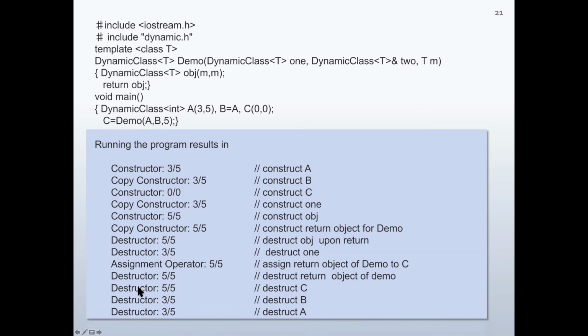So here C is destructed when the code exits from the main part, and also B is destructed, for which the data members were 3 and 5, and also A is destructed with these data members. Therefore, all the objects declared in the main part are removed from memory. They are destroyed also.